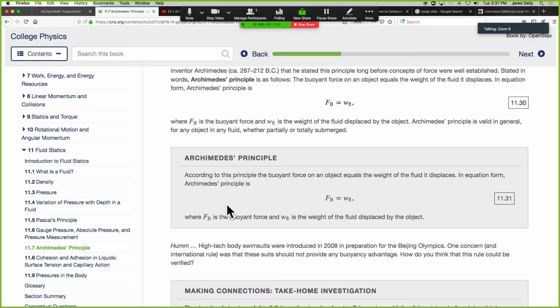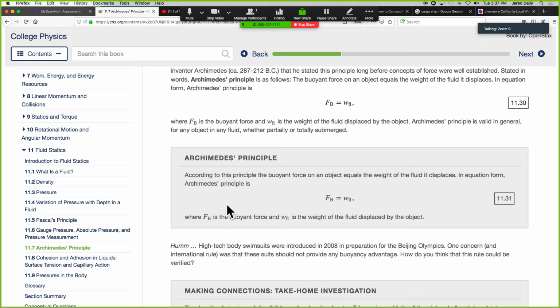So if you have a mass that has its weight pulling down on it, that weight doesn't even matter. But if you have a mass that has this volume, and then you have the same amount of mass but a much bigger volume, what's going to be the relationship between this buoyant force and this buoyant force?